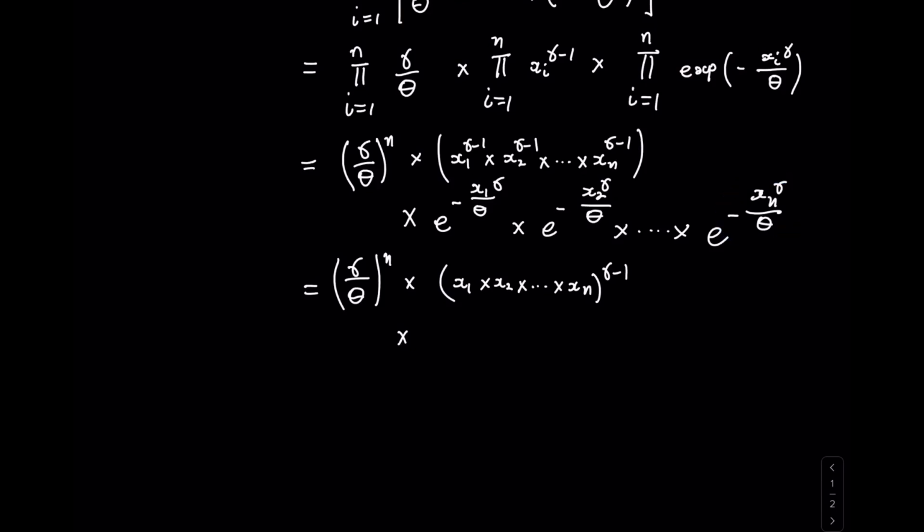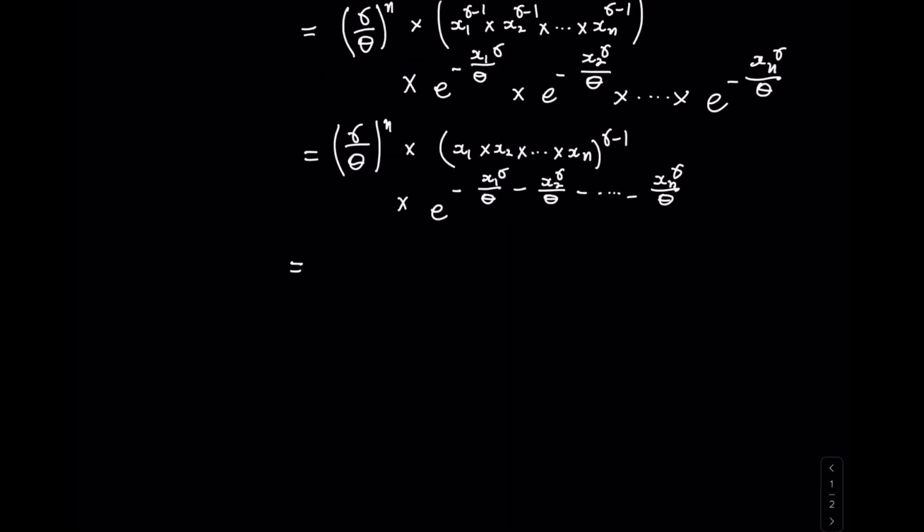So that would give us e to the negative x1 to the gamma on theta, minus x2 to the gamma on theta, minus dot dot dot, minus xn to the gamma on theta at the end.